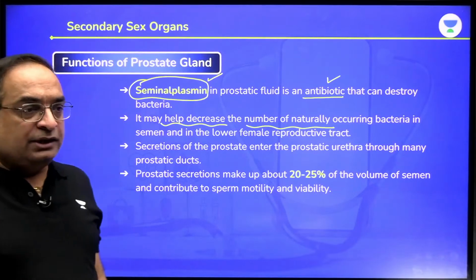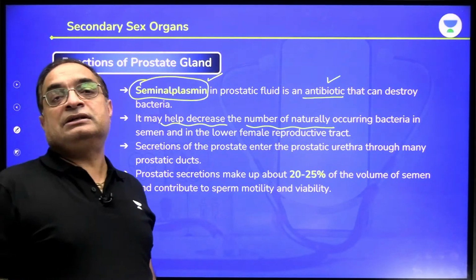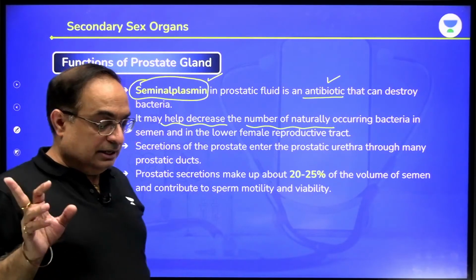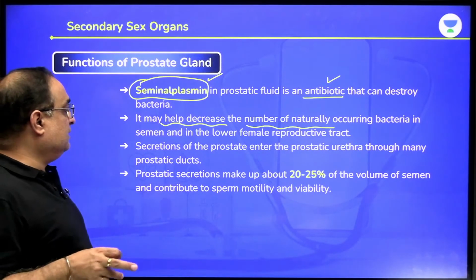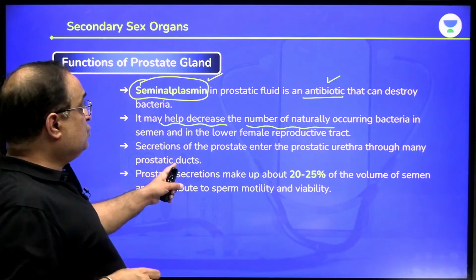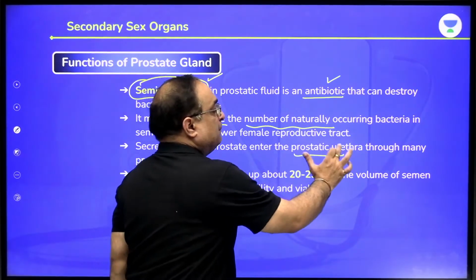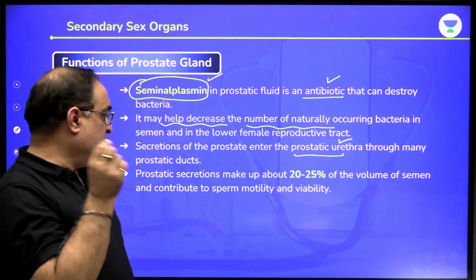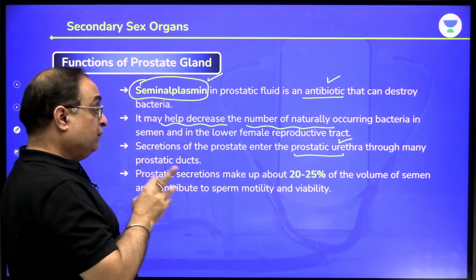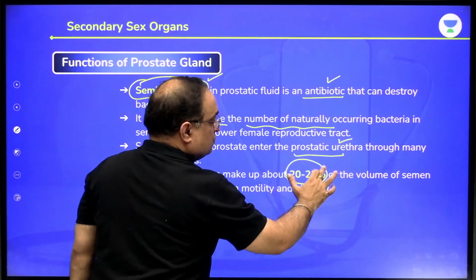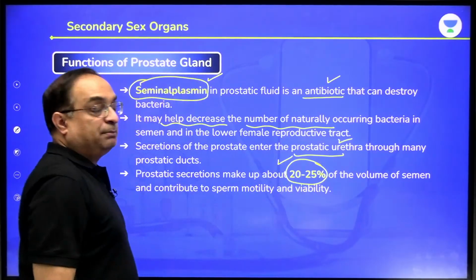Okay. So, can you write the name of the antibiotic present in the semen in the chat box? I'll move forward. Secretions of prostate gland enter into urethra, prostatic urethra, through many small ducts. One more important point. Prostate gland कितना contribute कर रही है to the total volume of semen? 20 to 25%.